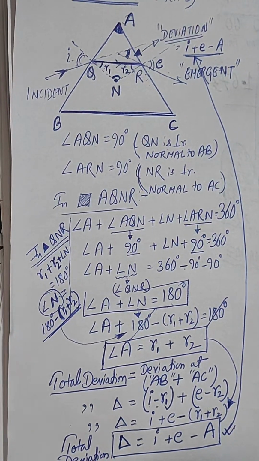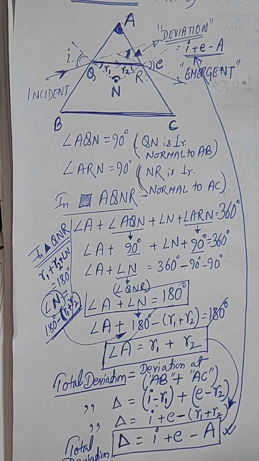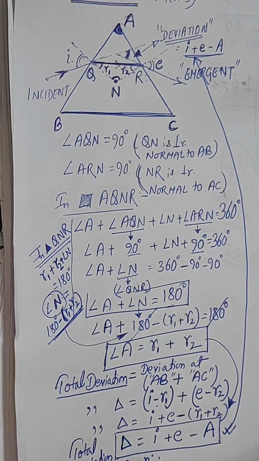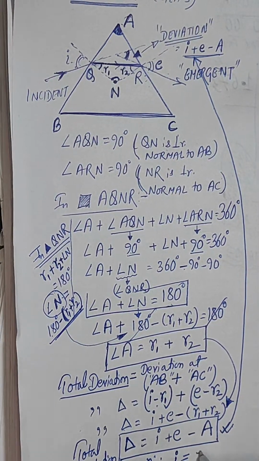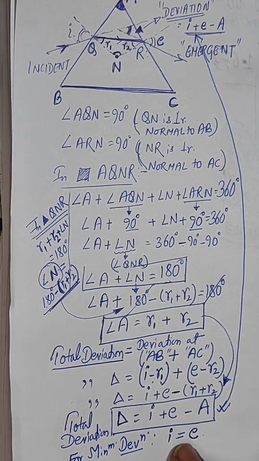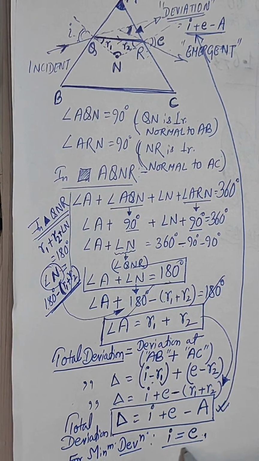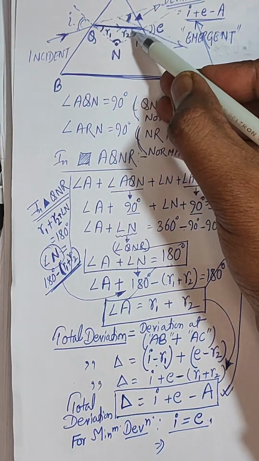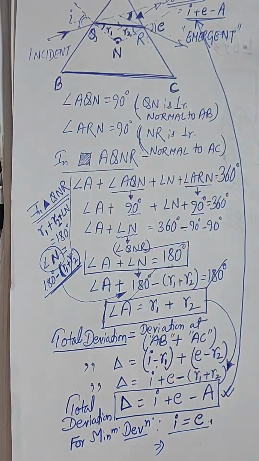So let me write, for minimum deviation, we can write angle of incidence equal to angle of emergence, right? And when angle of incidence equal to angle of emergence, this gives you R1 is equal to R2. When I equal to E, then definitely R1 equal to R2, right?